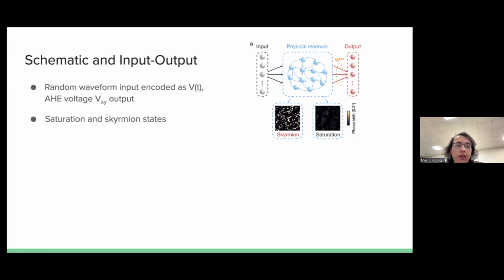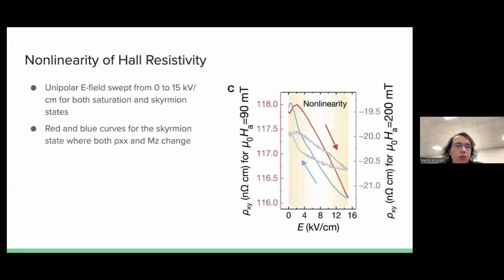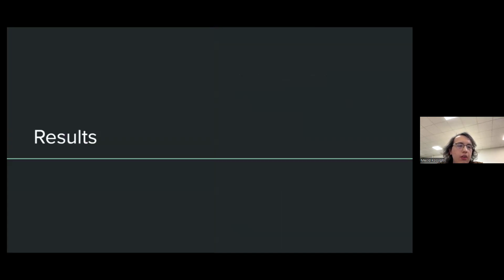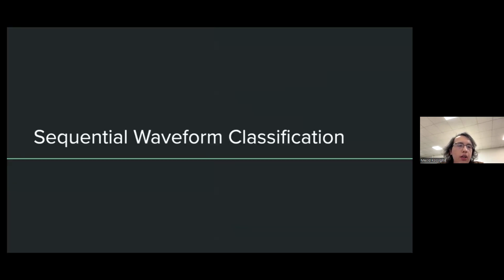And so in figure A, we can see a general schematic of our system. We have inputs, and these are random waveforms encoded as voltages, and our physical reservoir is in the middle, and the outputs are the voltages Vxy. The two different magnetization states, the saturation state and the Skyrmion state, we could see their effect on the first figure and the third one.